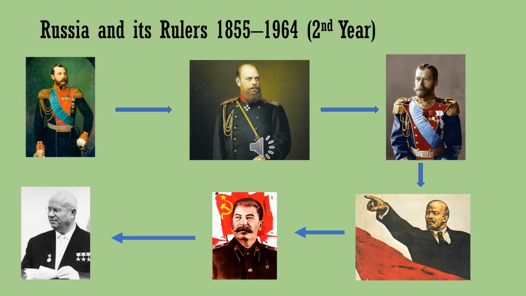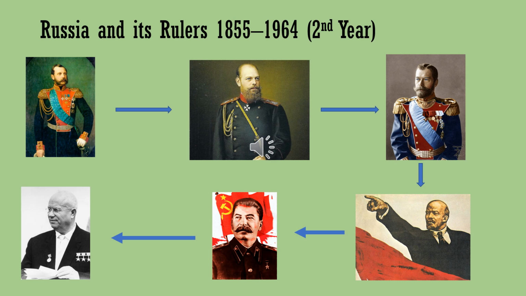In the second year, we look at Russia and its rule from 1855 to 1964. Now, this is second year only. And it's not just a chronological go-through of all the czars and communists. As you can see on the PowerPoint, we do look at the last three Romanovs.